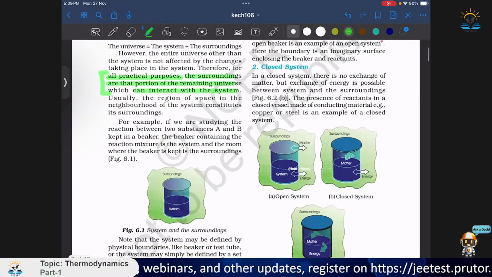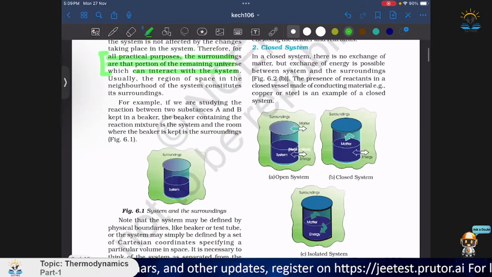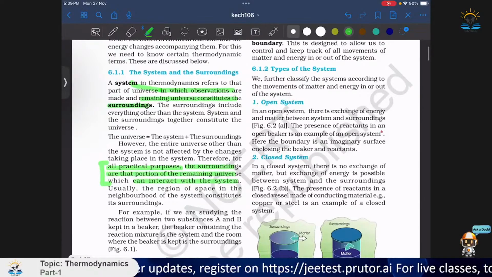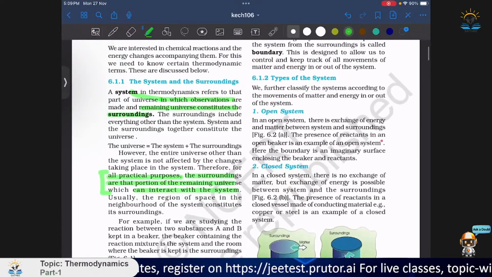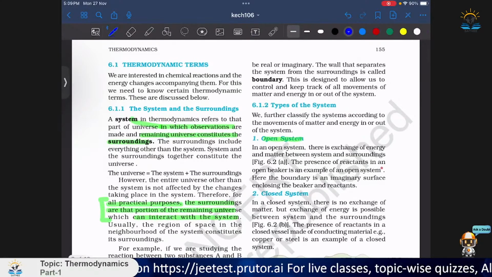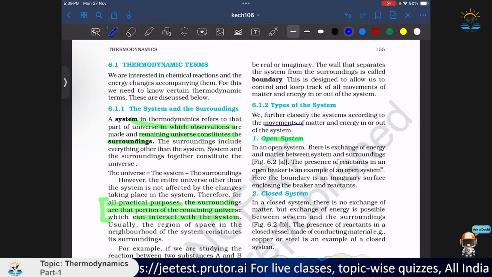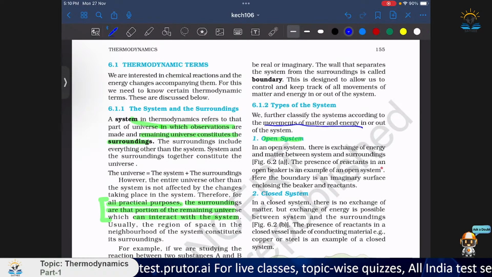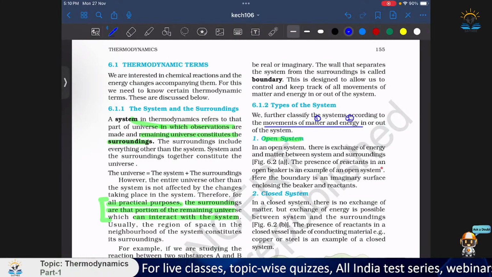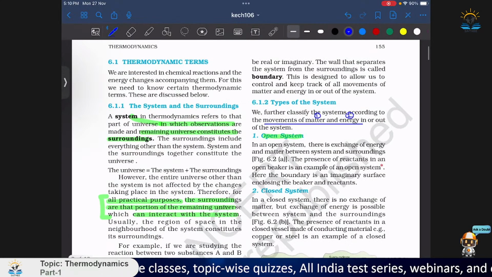So this is a more practical definition of surroundings. Moving on, examples are not necessary. We'll just move on to types of system. And firstly, we have an open system. Okay, all these types of systems are classified according to movements of matter and energy, right? Whether matter and energy, first is matter, second is energy, whether they can move in or out or not.